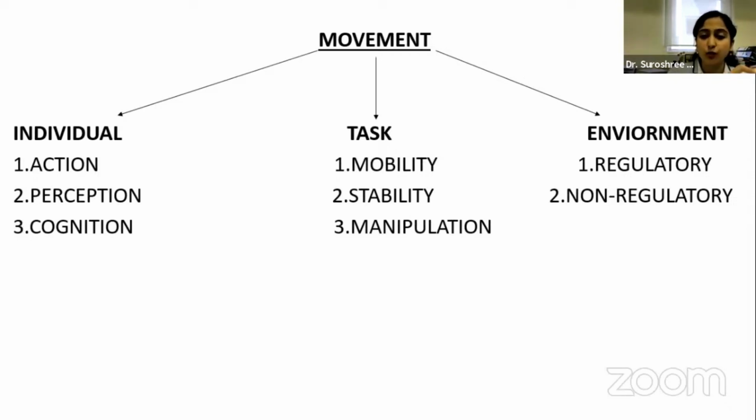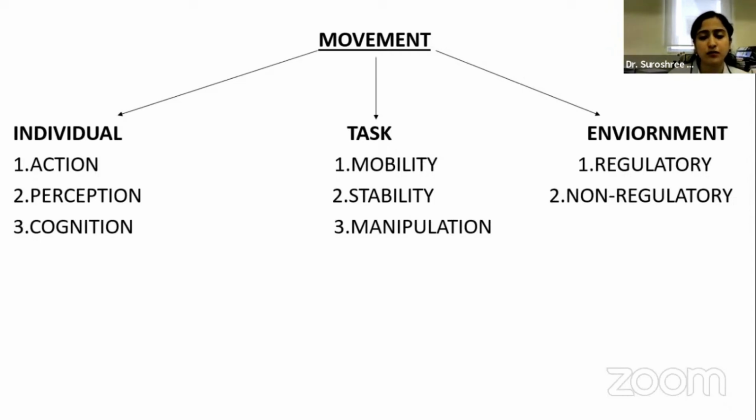We need to hold it properly in a pincer grasp. We need to manipulate it; the pressure that we are using while writing, the strength of your intrinsics and your small muscles will all matter in how you're manipulating a particular object and how the activity is done. So the three components under task were, one, mobility, second, stability, and third, manipulation.